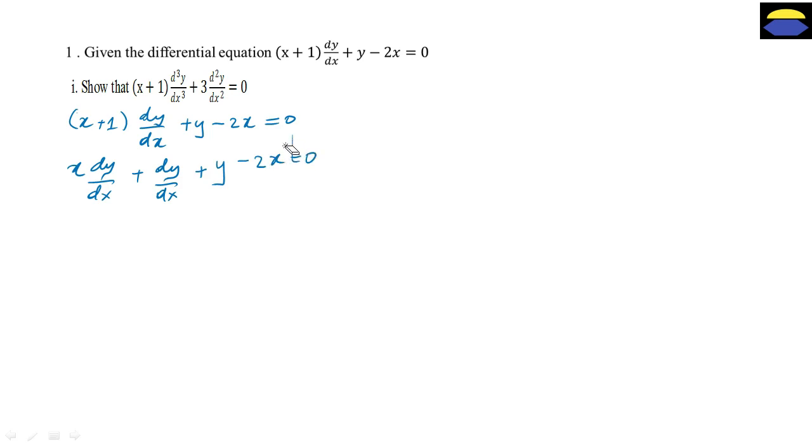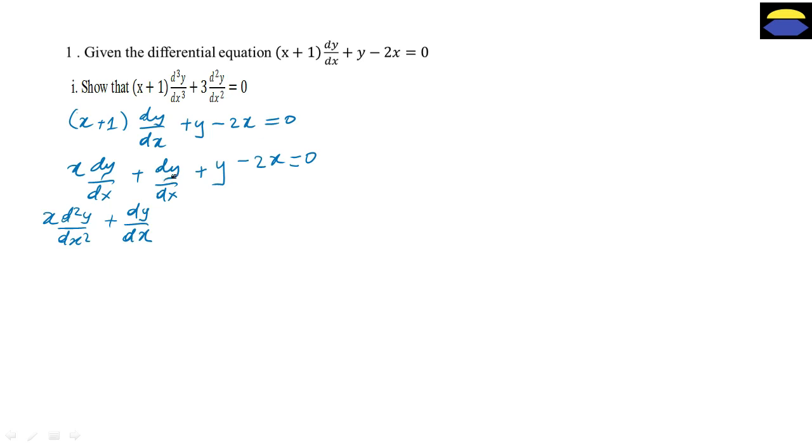So we're going to differentiate now implicitly this expression. So the first one we differentiate implicitly by product rule. So we keep x constant, we differentiate it, we have the second derivative with respect to x, plus we keep the first derivative, we differentiate x, that's just going to give us dy/dx.